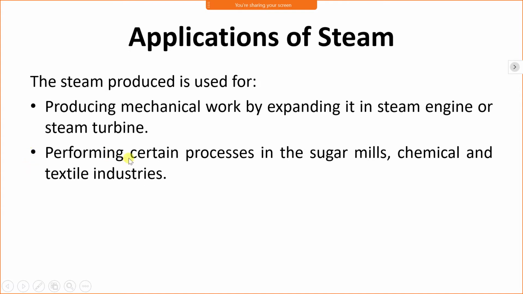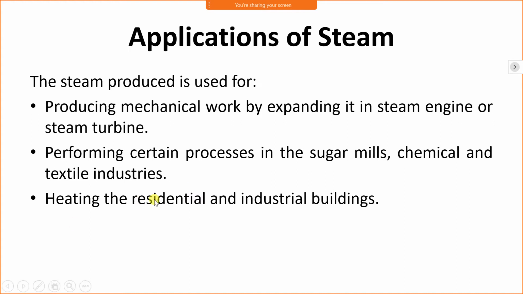Second application, performing certain processes in sugar mill, chemical and textile industries. There are various industries which utilize steam for their different applications. A few are sugar mill, chemical and textile industries. These industries utilize steam for their various operations. Next application is heating residential and industrial buildings. For space heating, steam is also used.